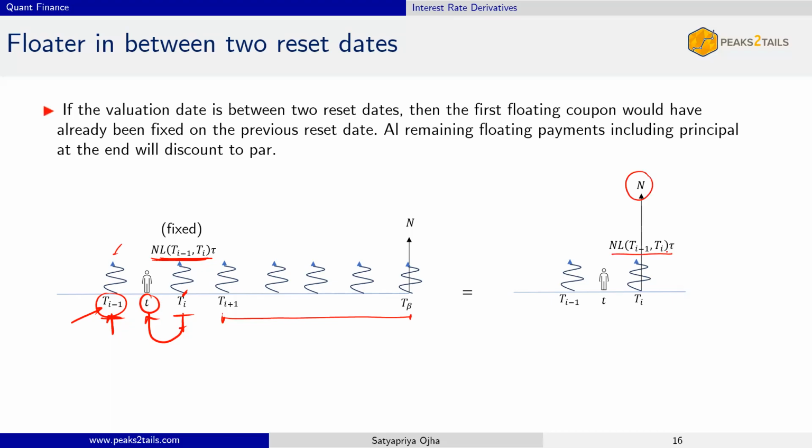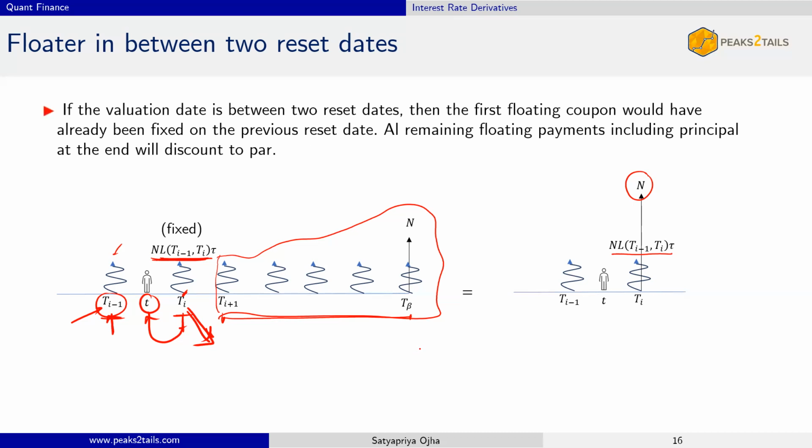This remains at Ti. Everything else beyond Ti, starting from this cash flow all the way, this entire whole infrastructure discounts to N at this point, at Ti. Okay, that's it. So how do you value this?